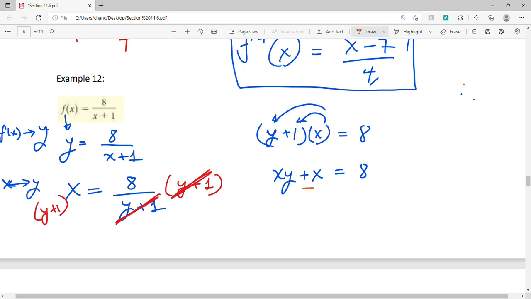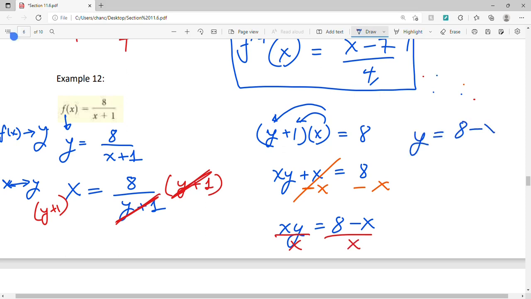Let's start by subtracting x from both sides to isolate that y. xy is equal to 8 minus x. And now y is almost by itself. What do we got to do next? Let's divide both sides by x. And now we get y equals 8 minus x over x.